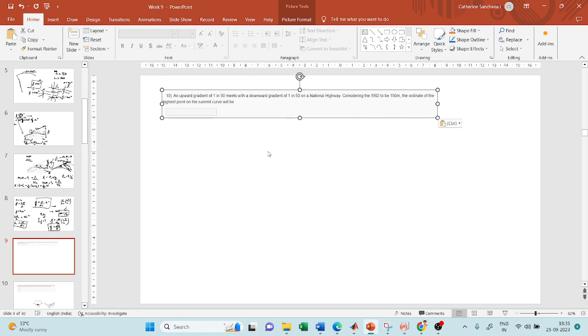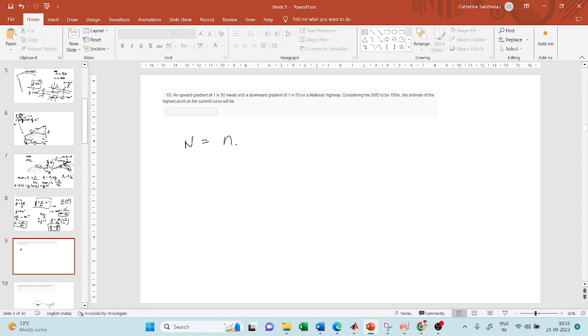So the question is they've given n1, n2. We have to find out capital N from this n1 and n2. We saw small n1 is 1 by 50, and N2 is minus 1 by 50.